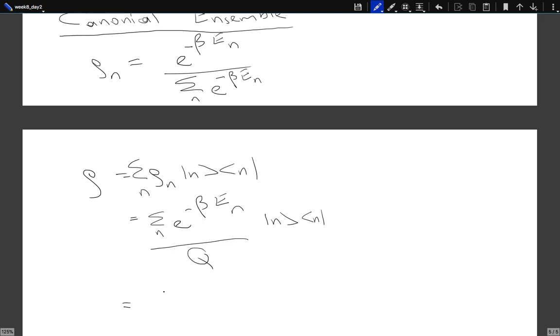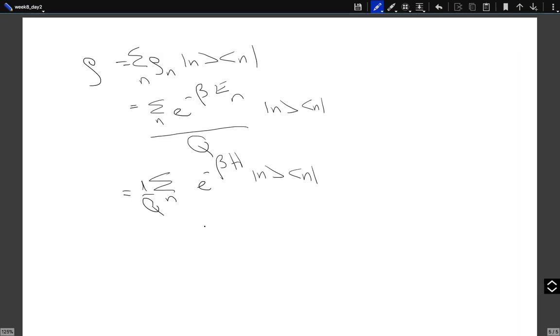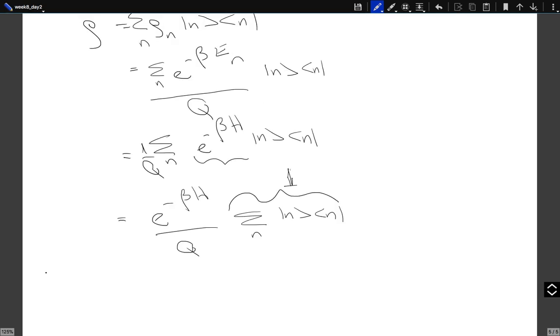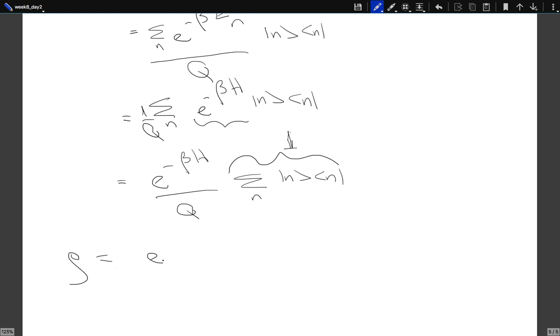This is equal to the sum over n of 1 over Q, e to the power minus beta H |n><n|, because H acting on the nth state just gives me E_n. But now this operator over here is independent of n. But this operator over here is nothing but 1, the identity operator. So basically this tells me that rho is equal to e to the power minus beta H over Q.